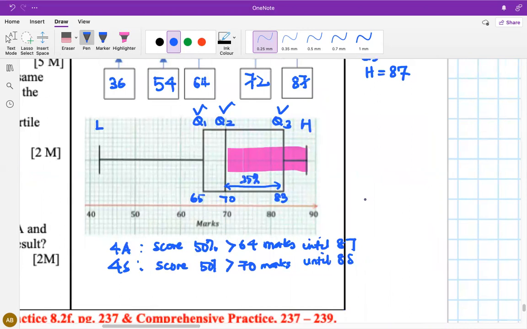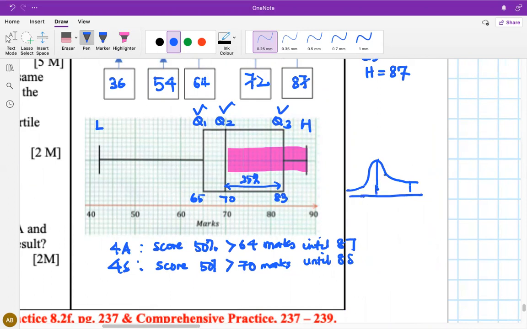You can see here they score a lot here, right? This one is only a bit. Okay, so the graph will be like this.